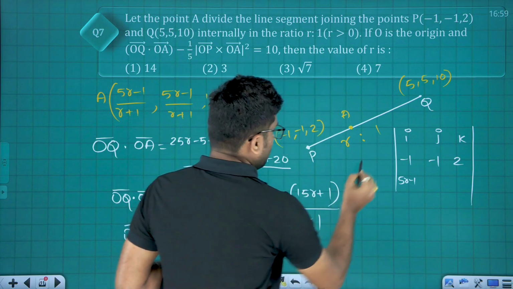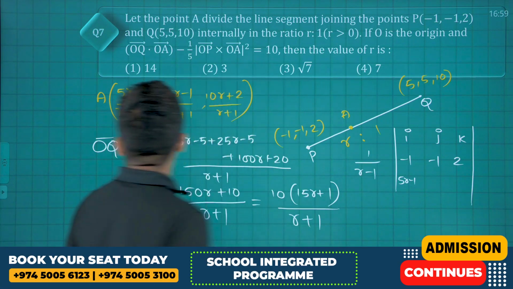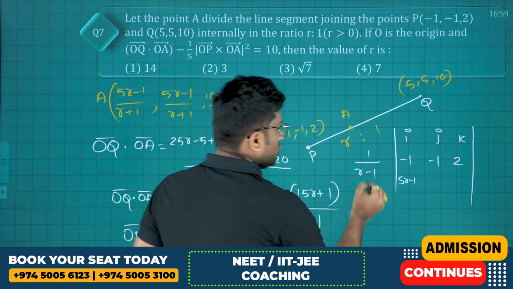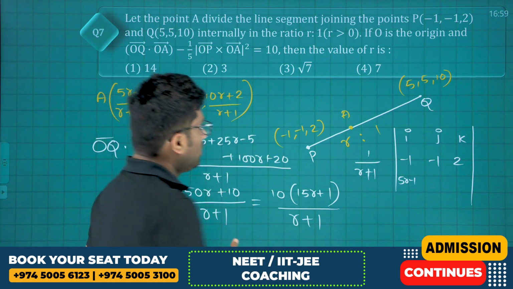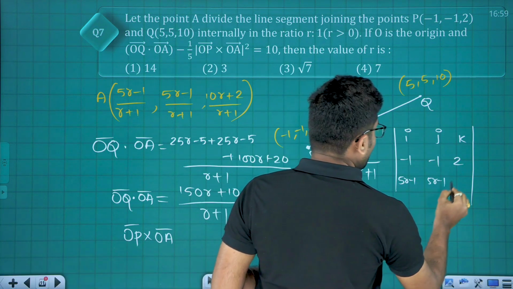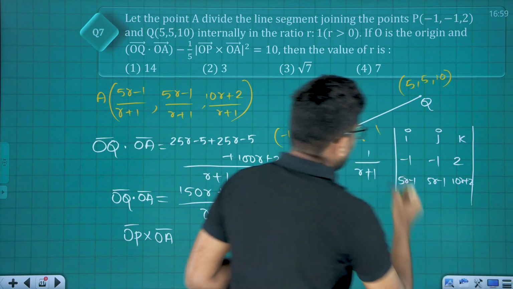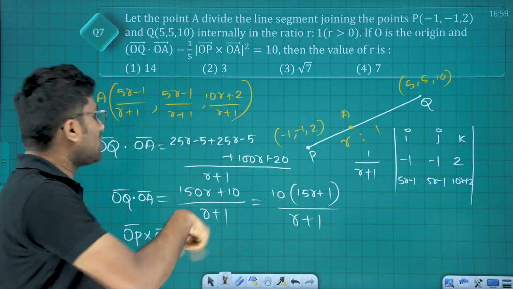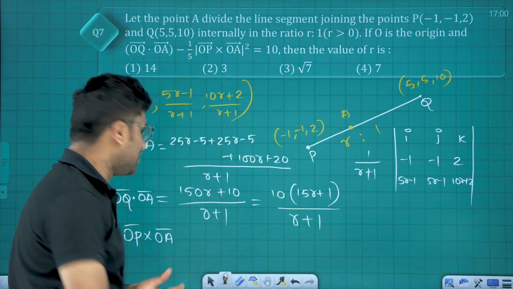This is a determinant only, so 1 by r plus 1 can be taken out. Then 5r minus 1, 5r minus 1, 10r plus 2. This is now what you get as OP cross OA. You have to take the modulus of that again.